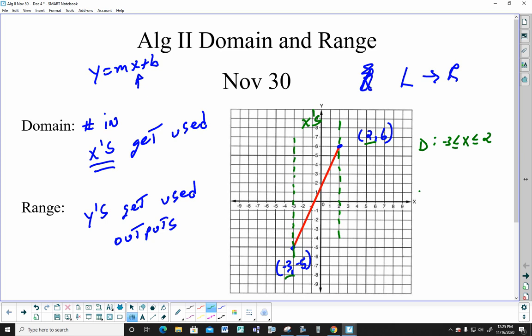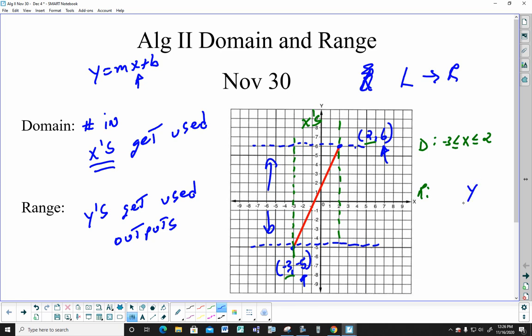Okay? Range. Range are your y's that get used. It's trapped vertically. It's your y values. Your y values are between these 2 numbers. The y values are -5 and 6 at its ends.